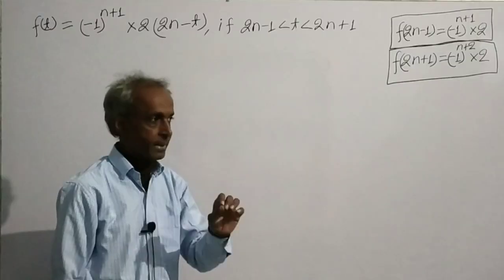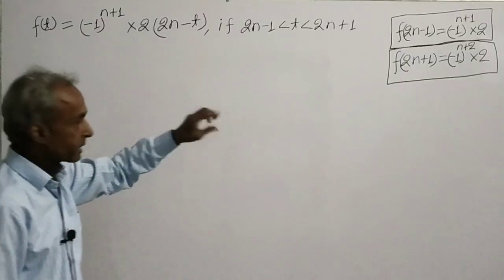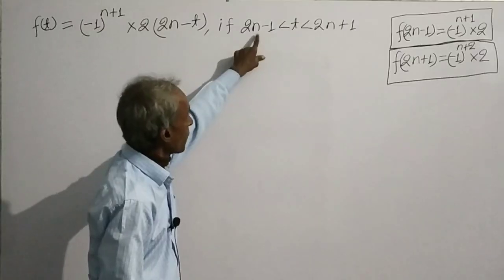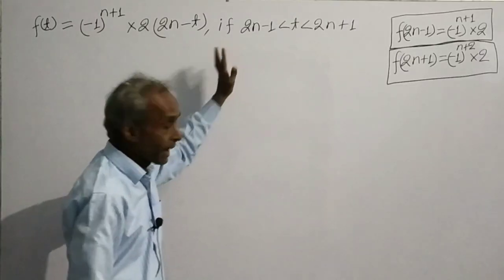Now we want to know whether this function is continuous at the point 2n minus 1 from the right hand side.